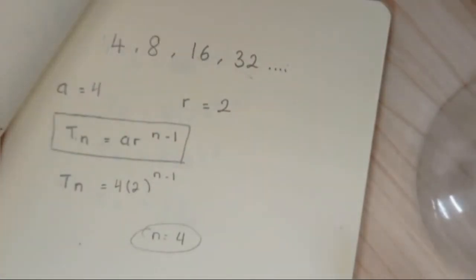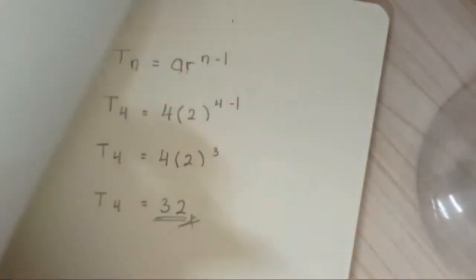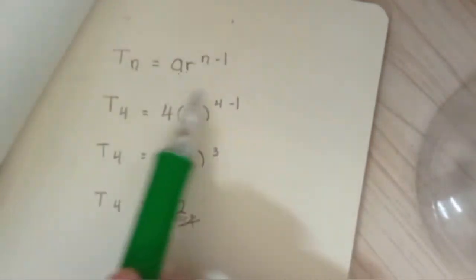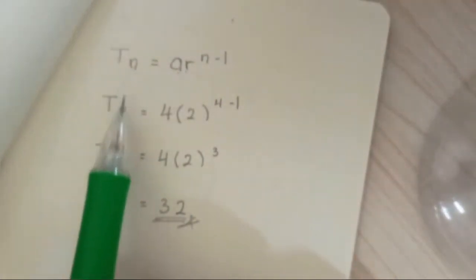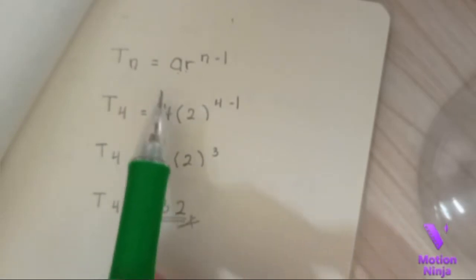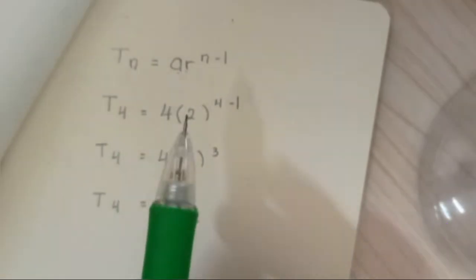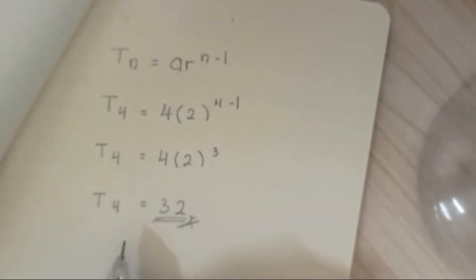Let's find the fourth term, for example. We need to replace the n with 4, so it will become like this. This is the formula, and we replace n with 4, a with 4, which is the first term, and r, the common ratio, is 2. So after we calculate it, we get the fourth term is 32.